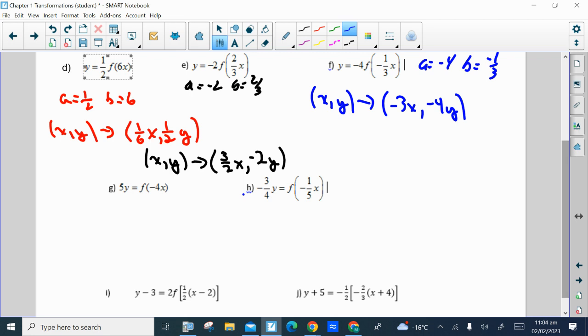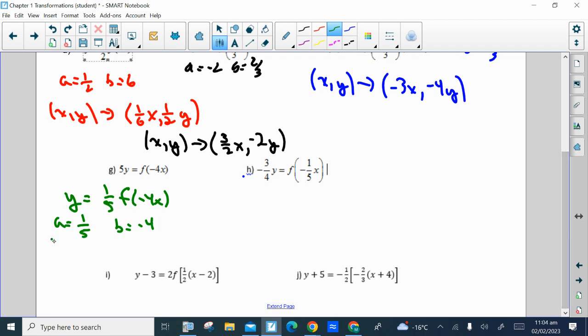For this next one, I would get the y by itself by dividing both sides by 5 or multiplying both sides by 1/5. So this means we have an a value of 1/5, a b value of -4. It's our b value that will change the x components.